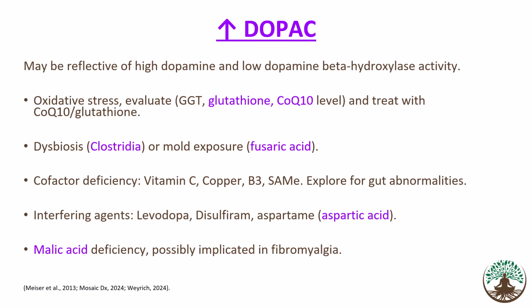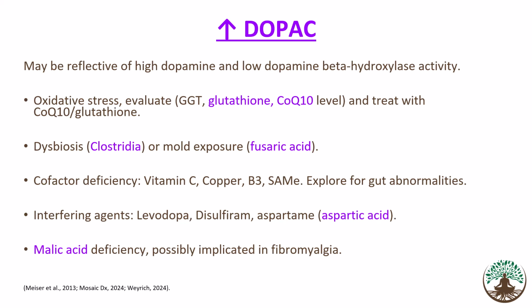Treatment consists of CoQ10 and glutathione supplementation. Dysbiosis, specifically overgrowth of Clostridia species, and mold exposure as evidenced by an elevated fusaric acid, are key considerations. Markers for both of these are included in some organic acid testing.